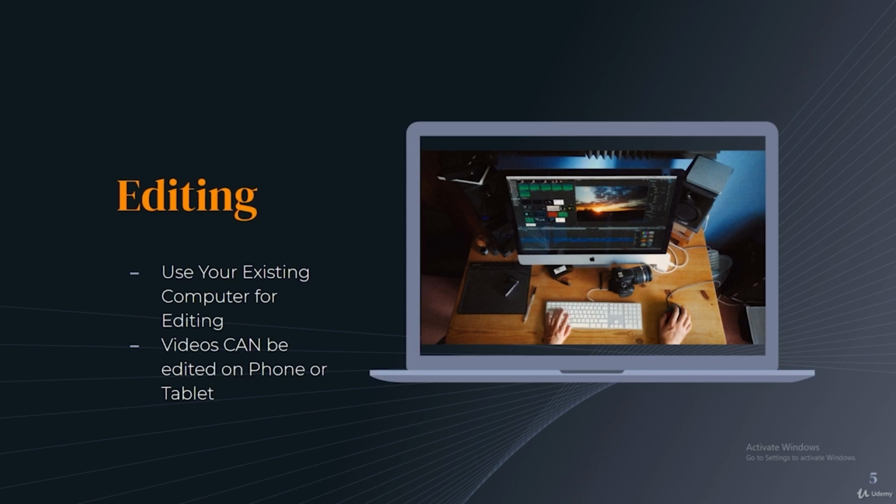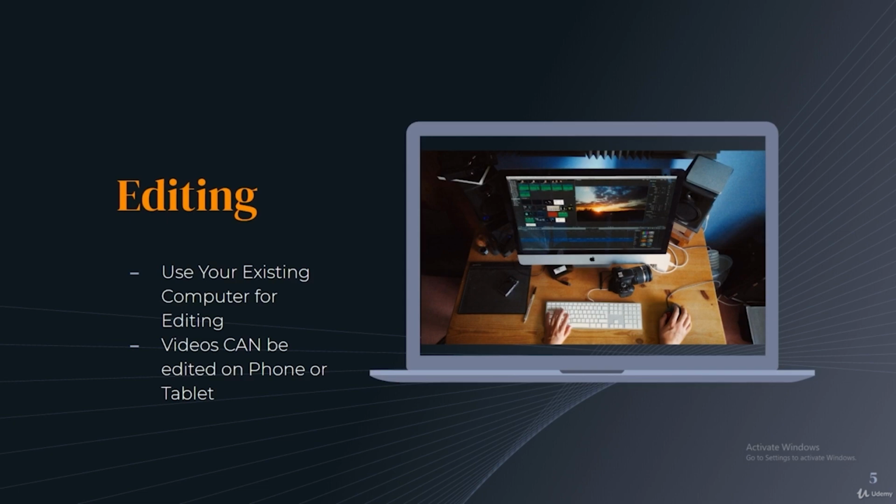Simple cutting is enough for you at the beginning, because that's what the majority of people are doing. Simple cutting is enough, and adding different tracks. That's it. Like adding a video track or audio track on top of whatever it is. You don't need any fancy effects for your videos, especially for YouTube videos. And your phone and your existing computer will do just fine. Don't think about this too much.